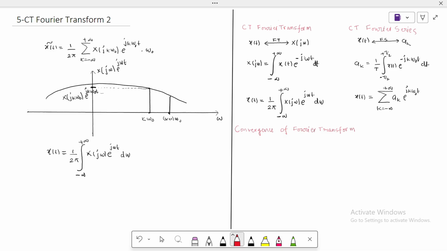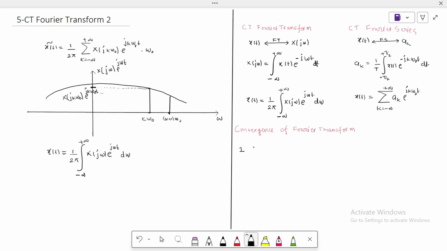Before applying the Fourier transform, the signal should satisfy three conditions. The first condition is that it should be absolutely integrable.